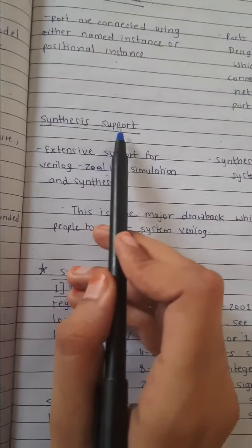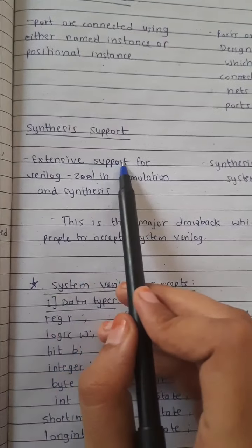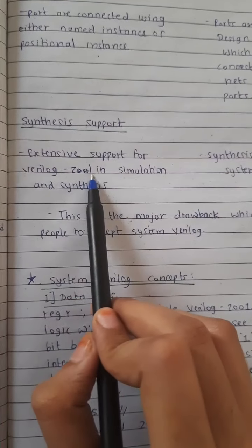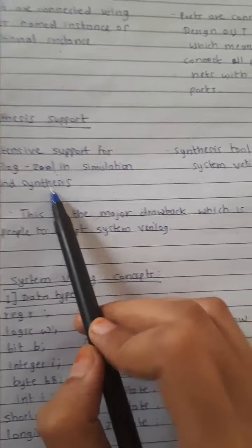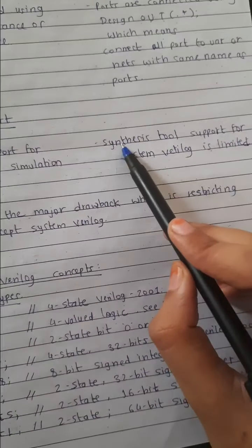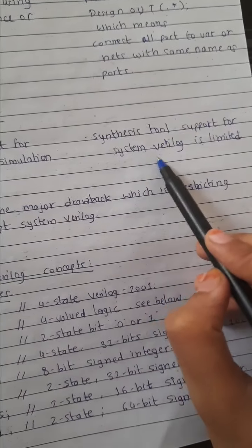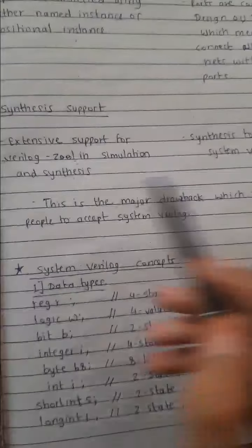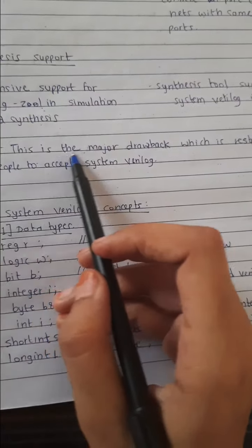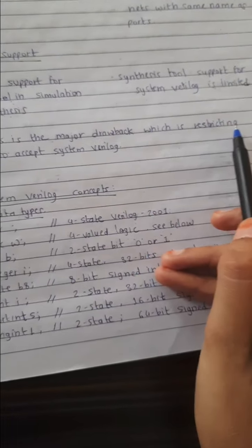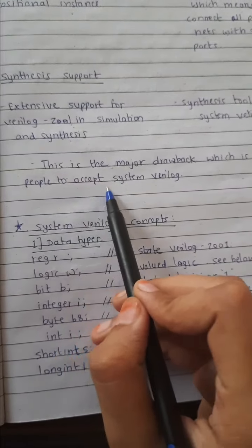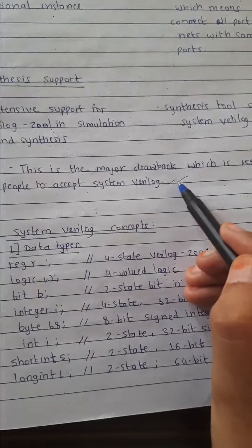Related to synthesis support, there is extensive support for Verilog in simulation and synthesis tools. In SystemVerilog, synthesis tool support is limited. So this is the major drawback which is restricting people from accepting SystemVerilog.